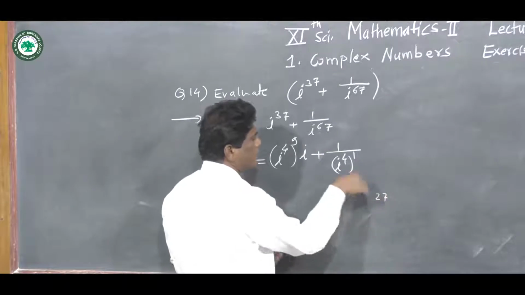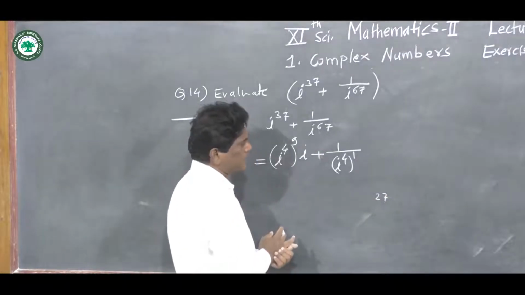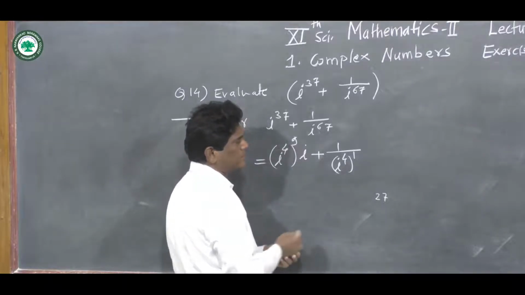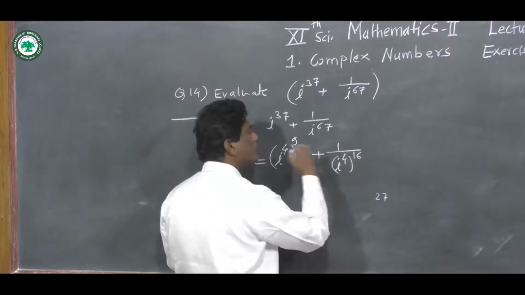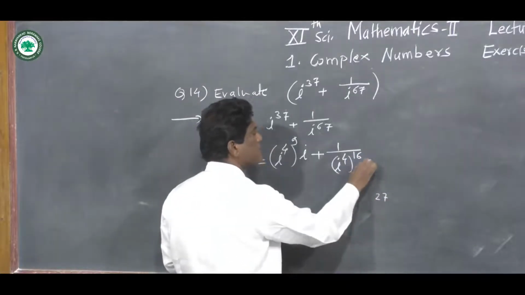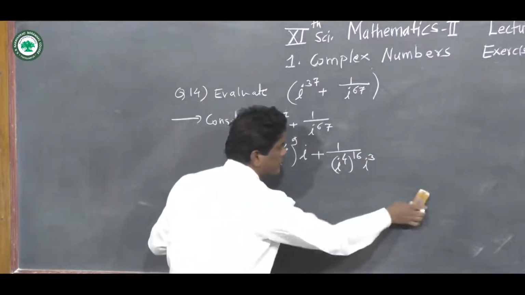So 4 7s are 28 and 4 6s are 24, 24 and 3 make 27. So we write I to the power 3. Get it?